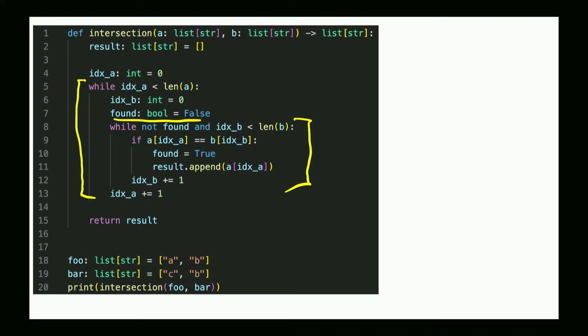So if we're at index 1 of A, which would be B, and we found that element in bar, or the B variable, we would say, okay, it looks like this element does exist in both lists. We set this variable to true, and then when this inner loop goes back up, because we use this compound Boolean expression, we would stop looping. We could say, okay, we don't have to check the rest of the list. We found it. And this is a little shortcut.